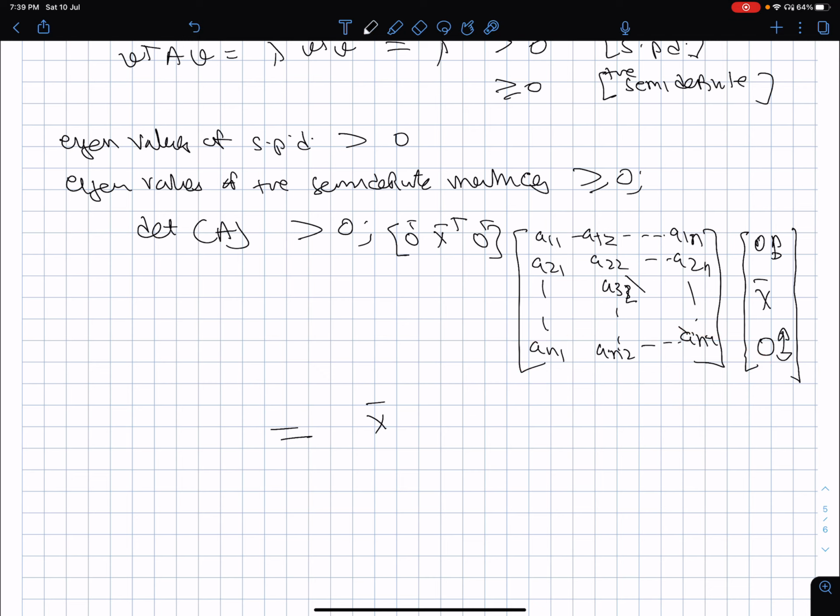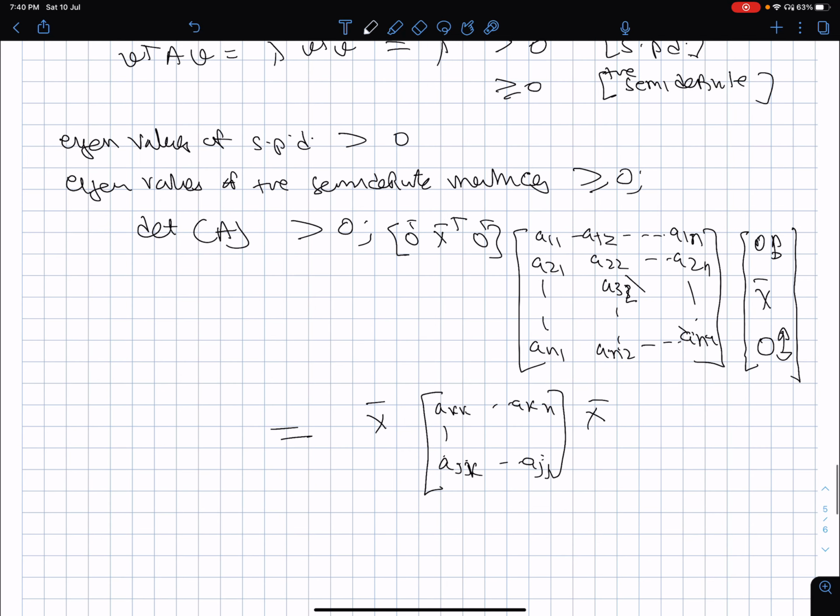So this is going to be equal to some reduced matrix, let's say AKK to AKN and so on up to AJK to AJJ. Based upon this restriction, I get something like this, which means I'm looking at another principal submatrix.